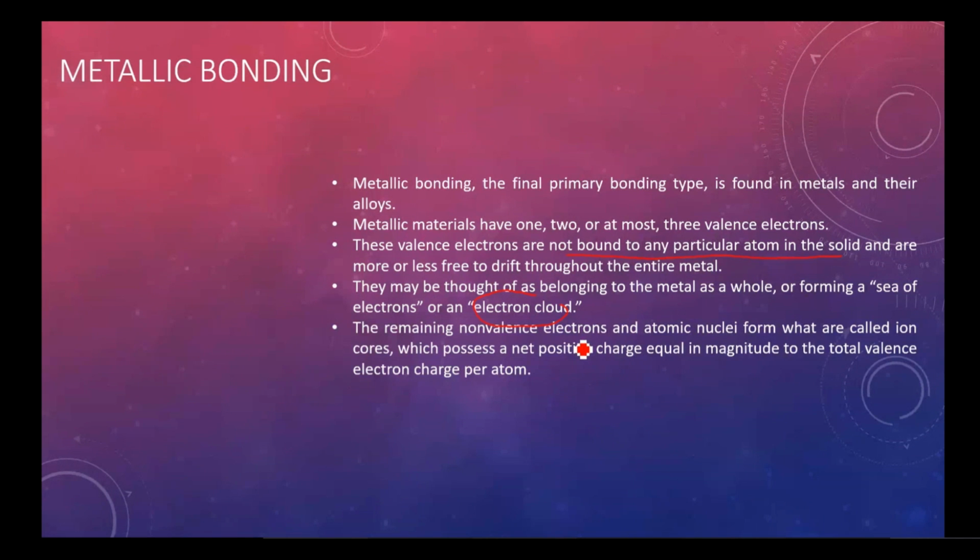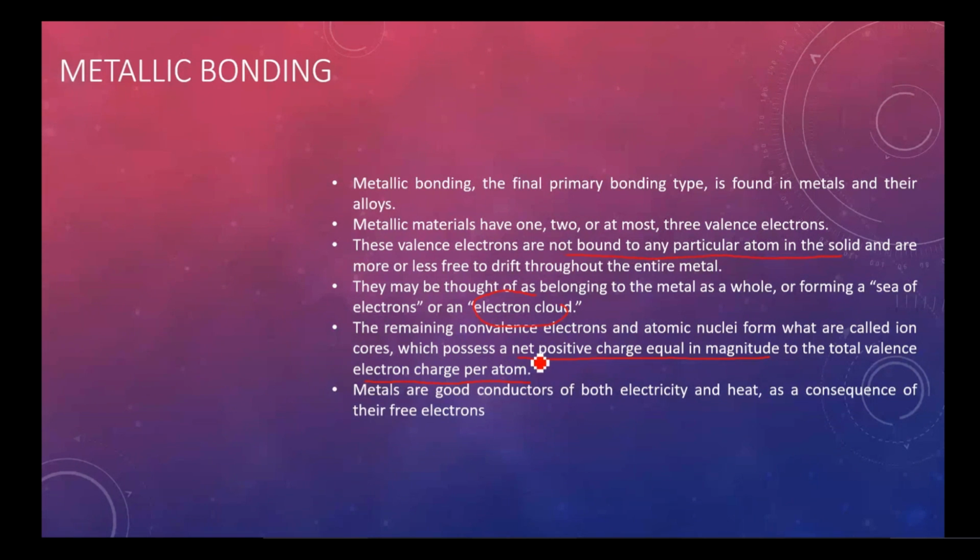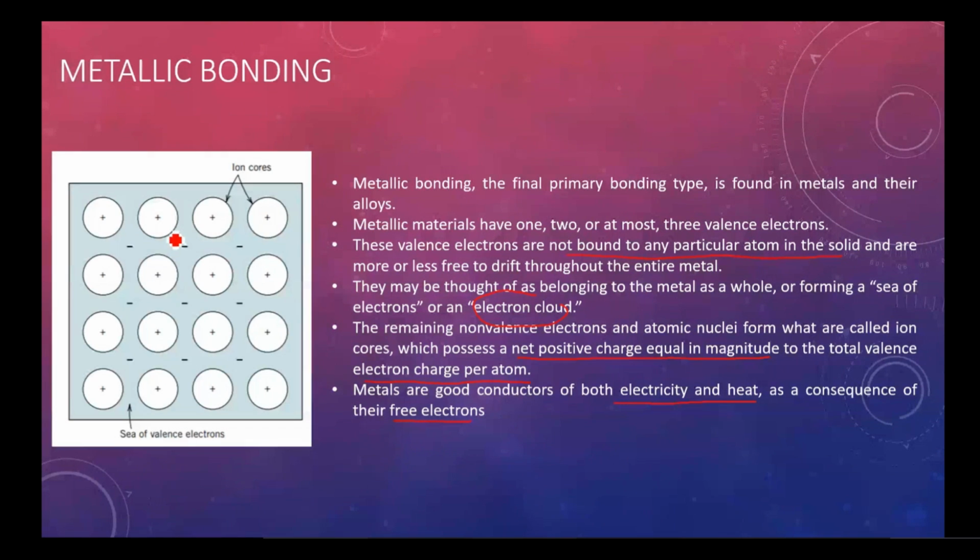Thereby, the core, which is that of the non-valence electrons, has a net positive charge, which is equal in magnitude to the total valence electron charge per atom. Therefore, metals are known as good electric and heat conductors, and the conductors are basically these free electrons. So you have these positively charged cores, and the electron sea, or electron cloud, that is there.